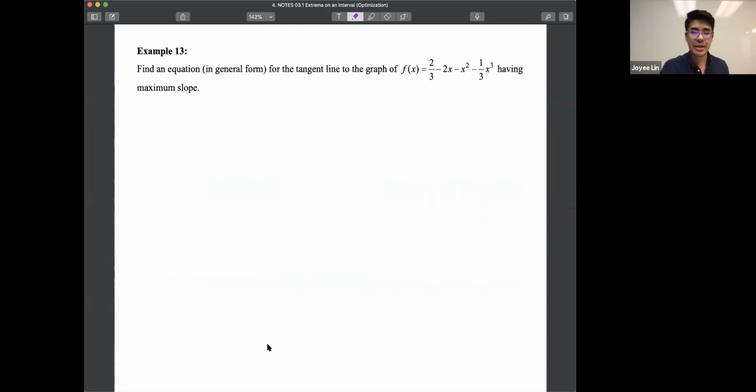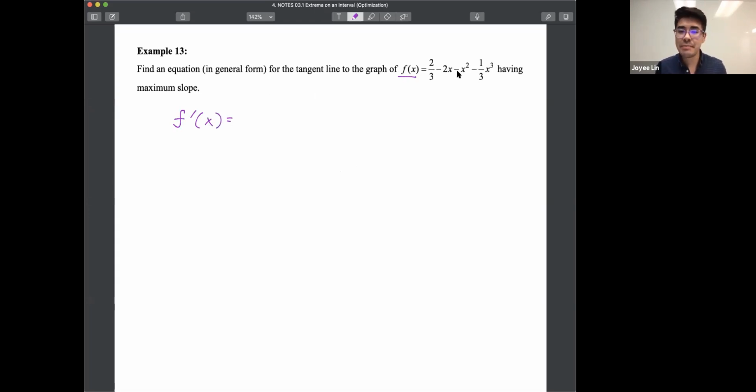So number 13: find an equation in general form for the tangent line having maximum slope. Let's find the slope equation then. We know f is that, so let's find f prime.